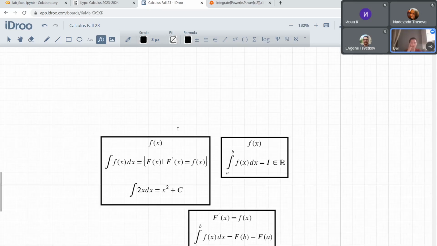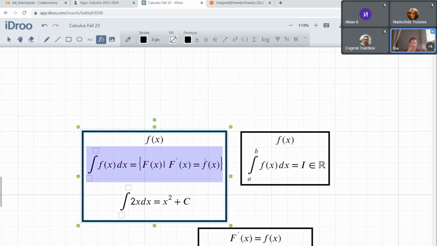About a set of functions: when we talk about the indefinite integral, formally we are searching for a set of functions.